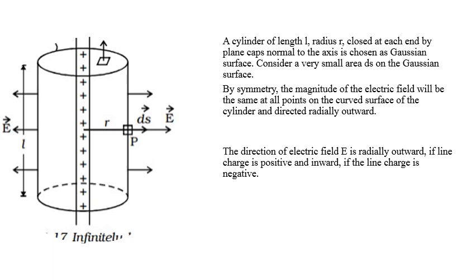And consider a very small area dS on the surface at this place where we want to calculate field at P. By symmetry, the magnitude of electric field will be the same at all points on the curved surface.